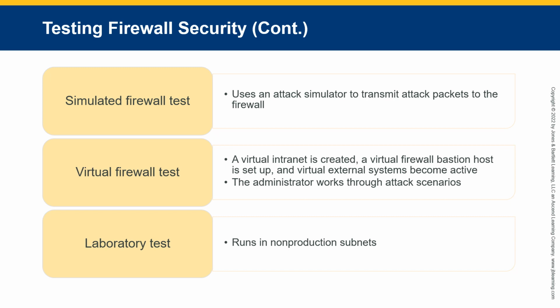And you work through different attack scenarios. There's a number of attack scenarios. You can do some research on the internet. A lot of folks will put their scripts on GitHub on how to do a virtual firewall test, so you can do that.